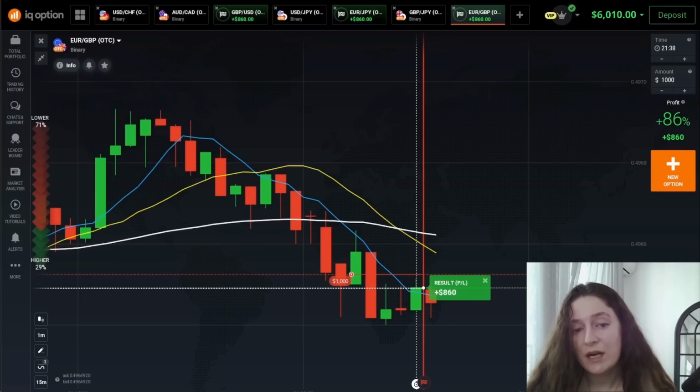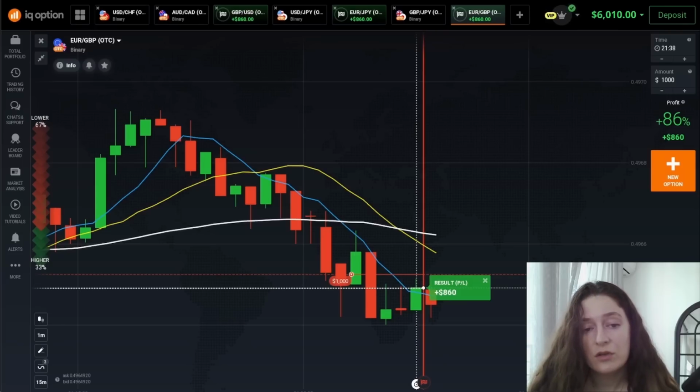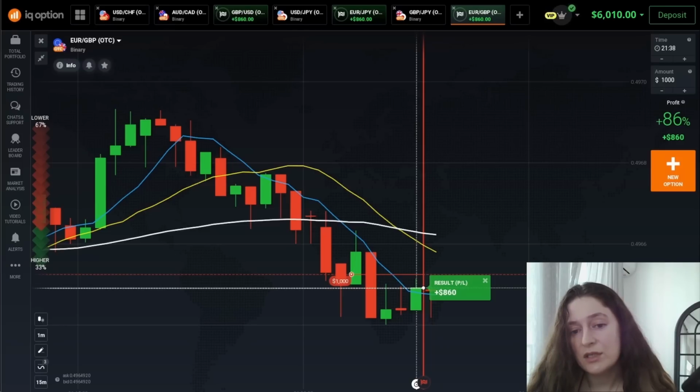But when we are dealing with the real market, this is not the case because the broker cannot intervene there. So this is the difference between real and OTC markets. I personally prefer trading in the real market because I feel more free there.